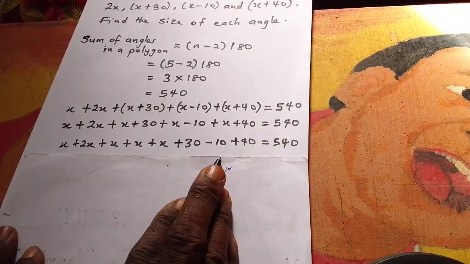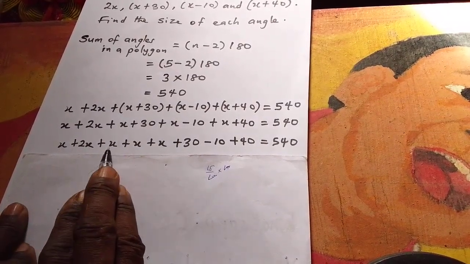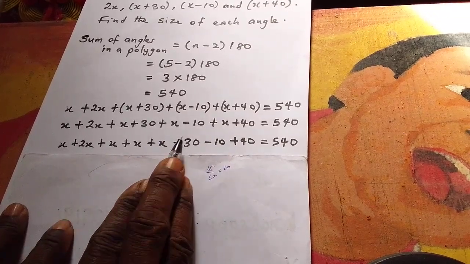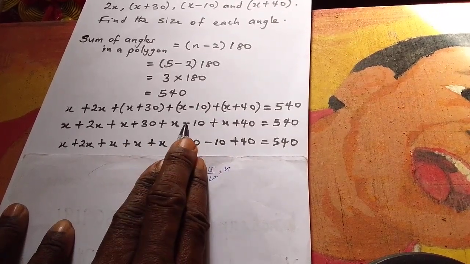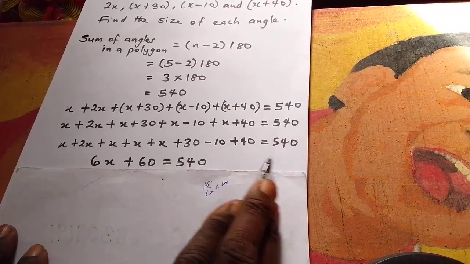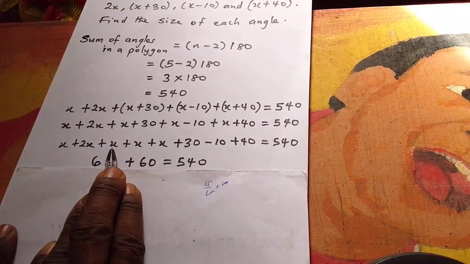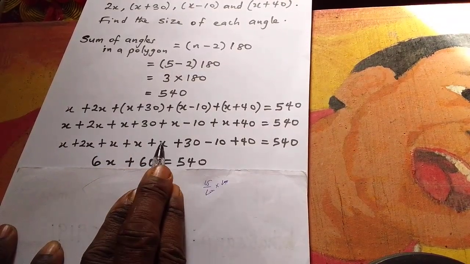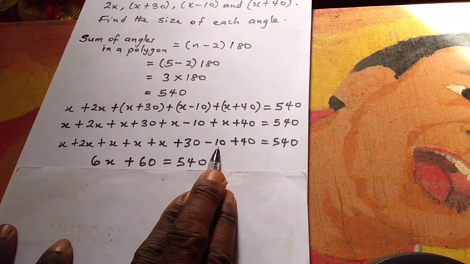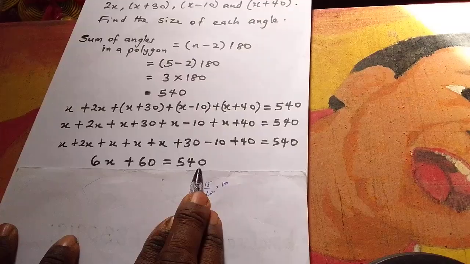So you have x plus 2x plus x plus x plus x, then plus 30 minus 10 plus 40 is equal to 540. So x plus 2x is 3x, plus x is 4x, plus x is 5x, plus x is 6x. Then 30 minus 10 is 20, 20 plus 40 is 60, equal to 540.